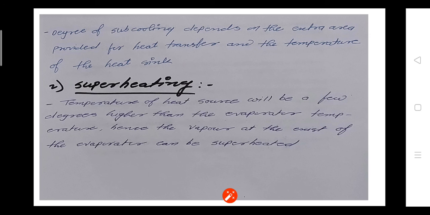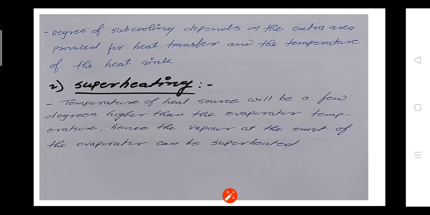Next point is heat transfer for the temperature of the heat sink. For the subcooling, you have to reduce the temperature at the exit of the condenser up to the temperature of the sink, or you can say that the condenser temperature is always greater than the heat sink temperature.